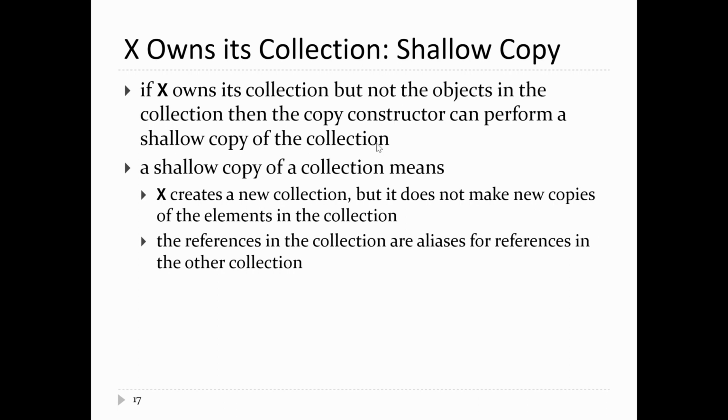When you make a shallow copy, you create a new collection, but you don't copy all of the elements in it. You make a new list, but you don't go into the list and copy every element into the new list. Instead, you just copy over the references from the other list into the new list. So your lists end up containing references that are aliases for the references in the other collection. In other words, both lists contain the same references.